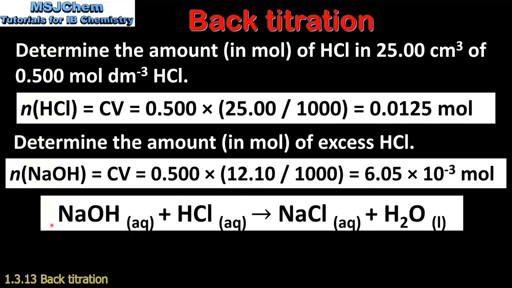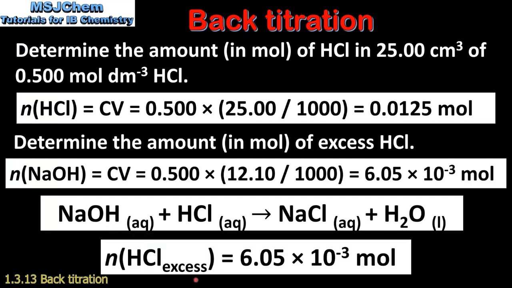If we look at the balanced chemical equation between sodium hydroxide and hydrochloric acid, we can see the molar ratio is 1:1. Because of this, the amount in moles of sodium hydroxide is equal to the amount in moles of excess hydrochloric acid. So the amount in moles of excess hydrochloric acid is 6.05 times 10 to the negative 3 moles.